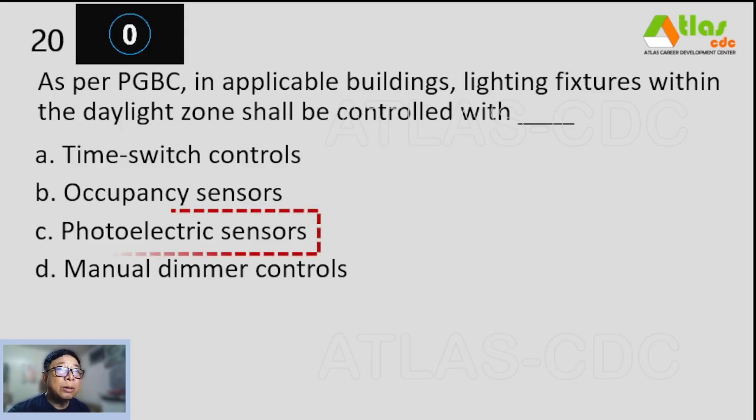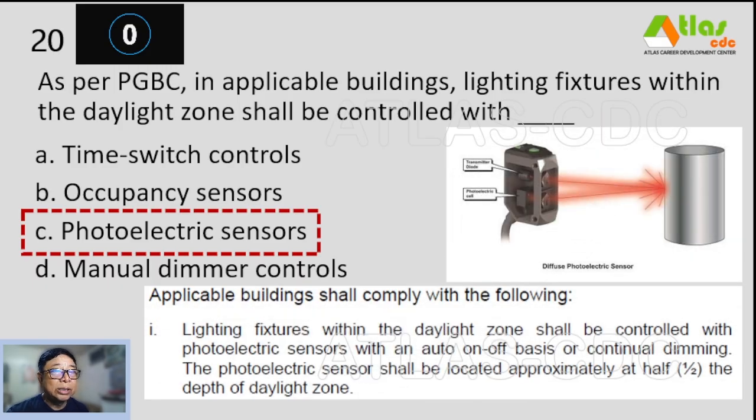And our correct answer is photoelectric sensors. So, applicable buildings shall comply with the following. Lighting fixtures within the daylight zone, yung inaabot ng daylight mula sa bintana, no? Shall be controlled with photoelectric sensors with an auto on-off basis or continual dimming.